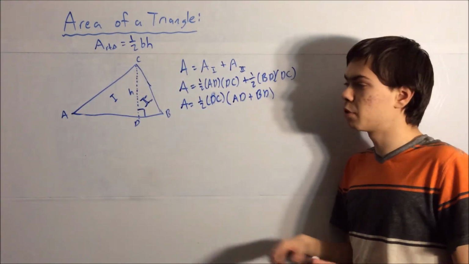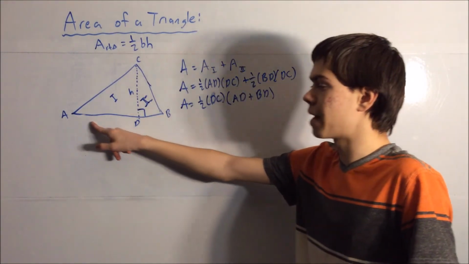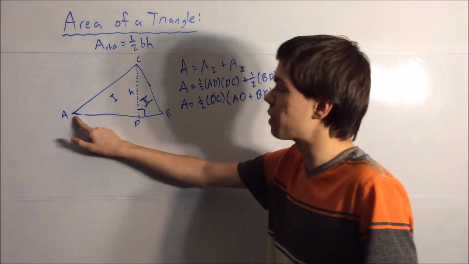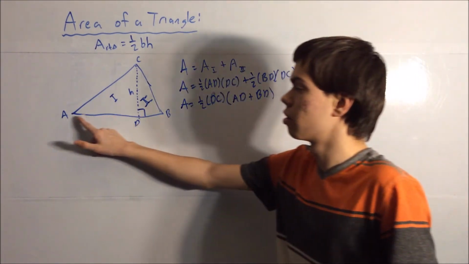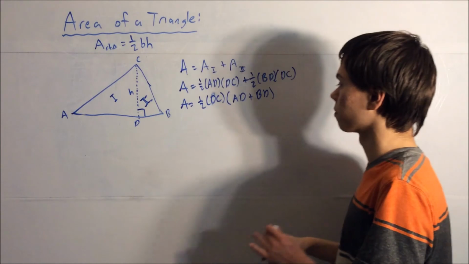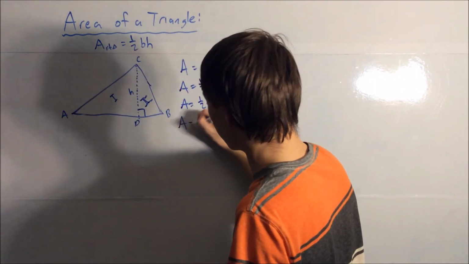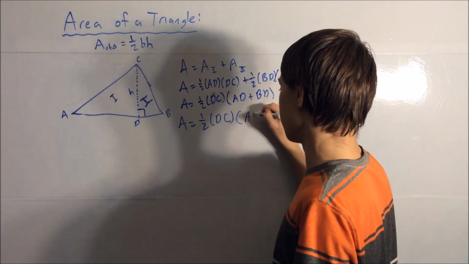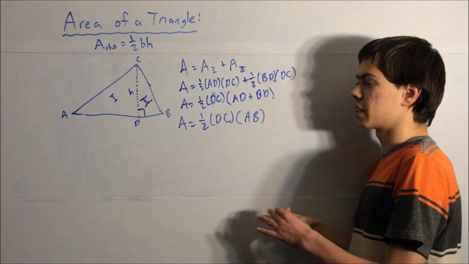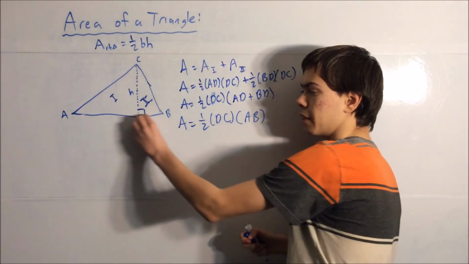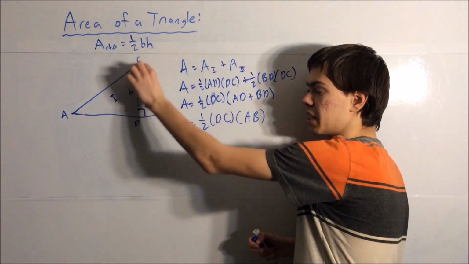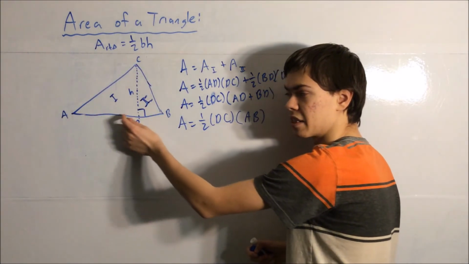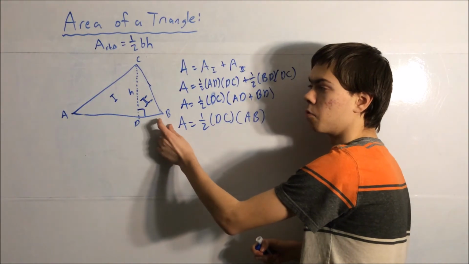Now, what's AD plus BD? That's the base of my entire original triangle, right? So really, the area is just 1/2 DC times AB. Now notice how I get 1/2 AB times DC, and normally we call this the base of our triangle, right?